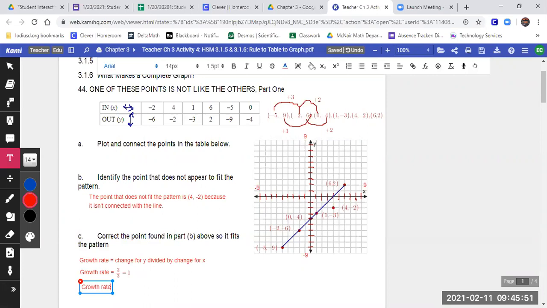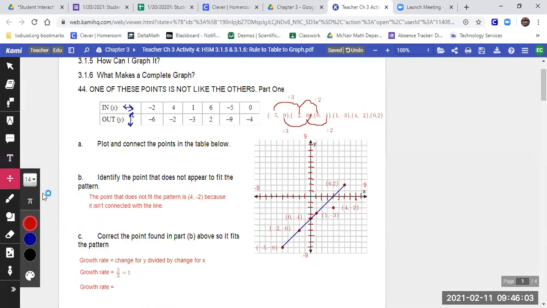You need a constant growth rate. So my second growth rate was 2 divided by 2, right? So let's get that set up. 2 divided by 2. What does that equal? Someone other than Moses, because you want participation points.